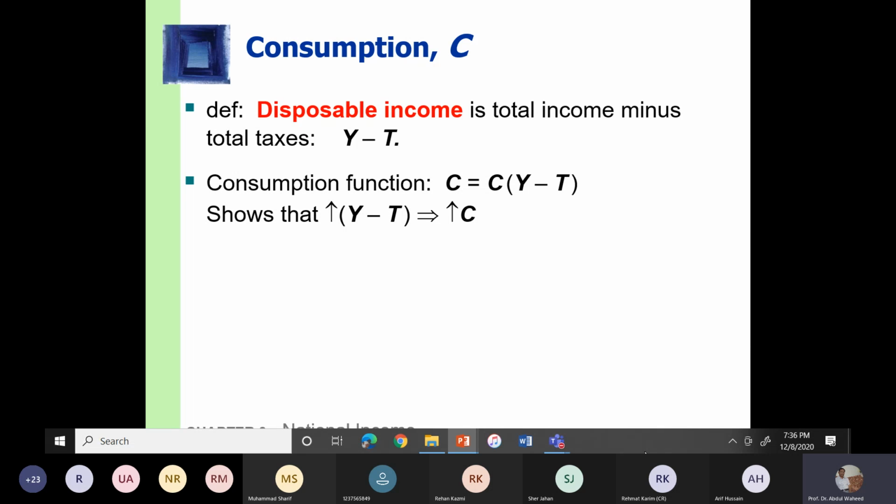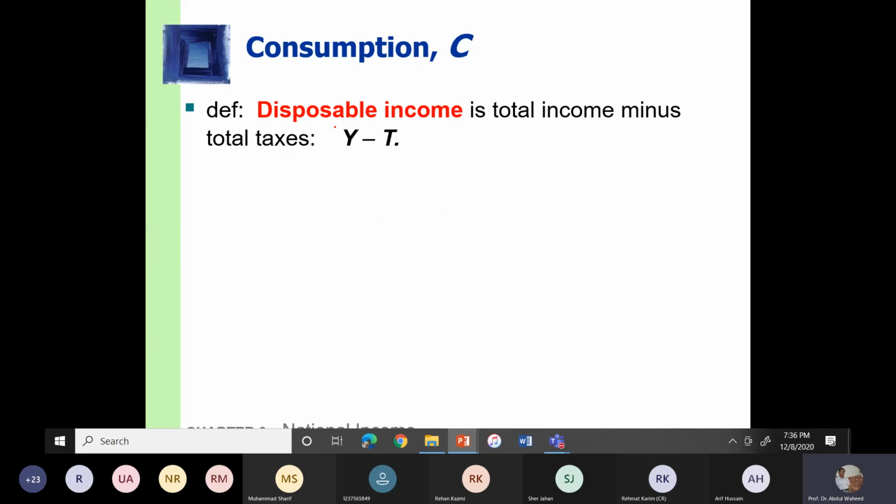And consumption is a function of disposable income. This is the disposable income. Because if there is a government sector, then from the income you get you have to pay taxes. If you subtract total taxes from income, then you have disposable income. And this disposable income is available for consumption and saving.